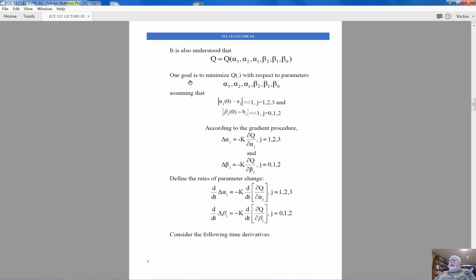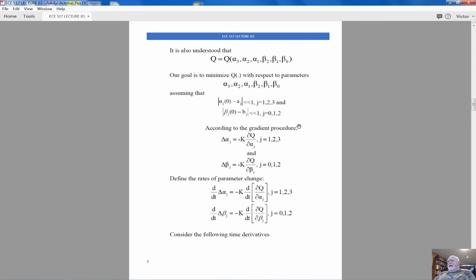So our goal is to come up with such values of these adjustable parameters that would minimize the criterion Q. The requirement of good initial conditions is right here. We are assuming that for every alpha in the beginning of our process, the distance from the corresponding a parameter of the reference model is small. The same is true for parameters beta.